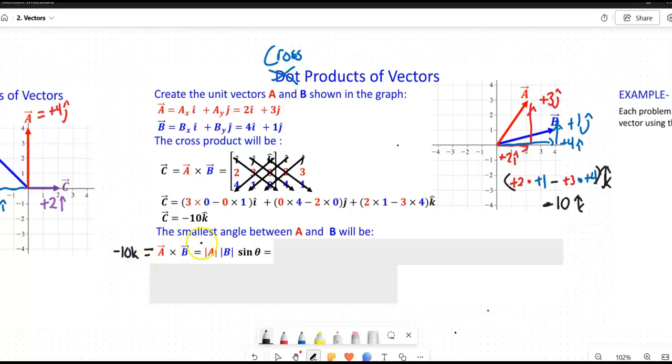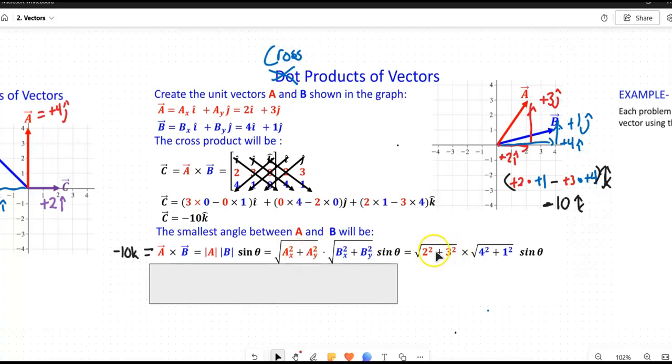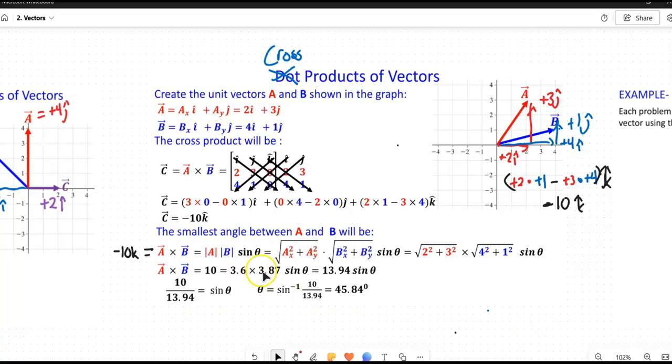All right. Let's go ahead and figure out the angle between A and B in the k direction. We're going to do like we did before. We're going to figure out the size of A and the size of B, and multiply those two together. When we do that, we get the square root of 2 squared plus 3 squared times the square root of 4 squared plus 1 squared, which gives us 3.6 times 3.87, times sine of theta.